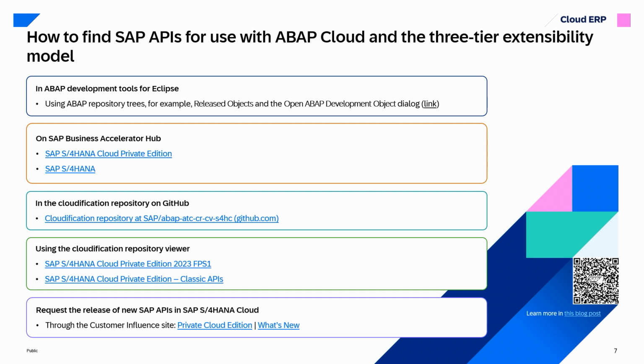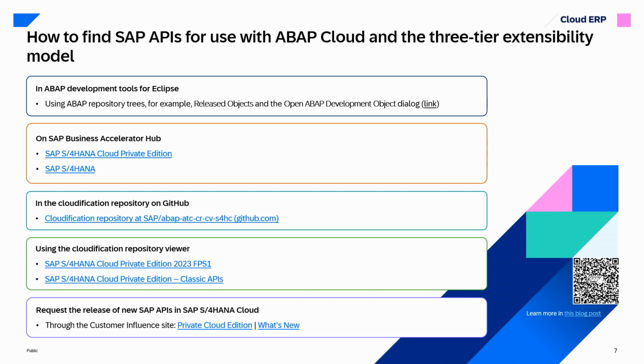You can find the public APIs directly in ABAP Development Tools in Eclipse. You can, for example, use the so-called released object virtual trees, and set up such a virtual tree to see only released objects in the system. Or you can also look for the released API by using the Open ABAP Development Object dialog.